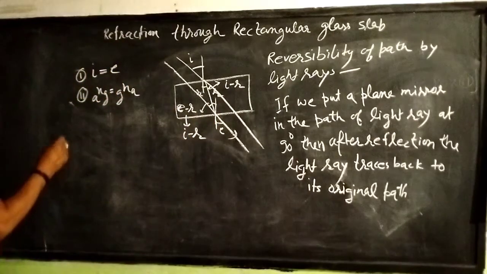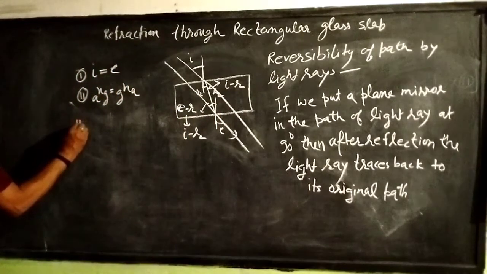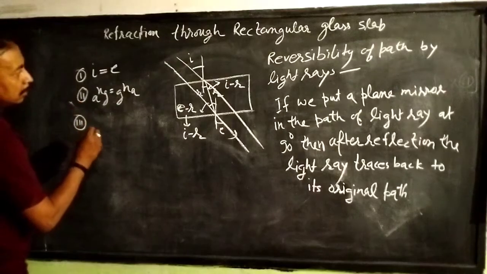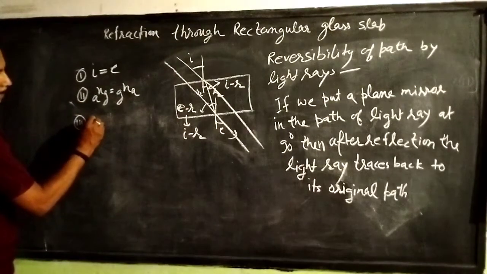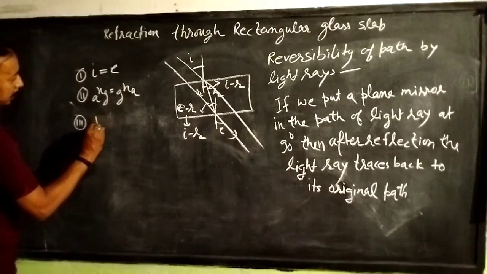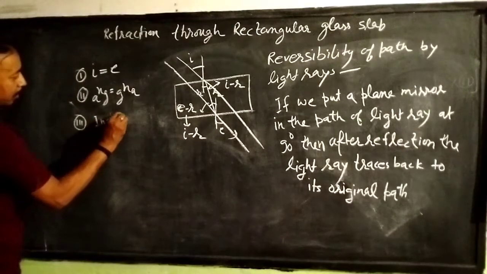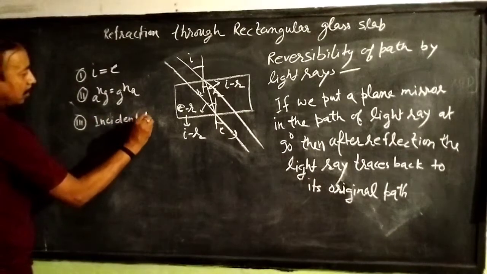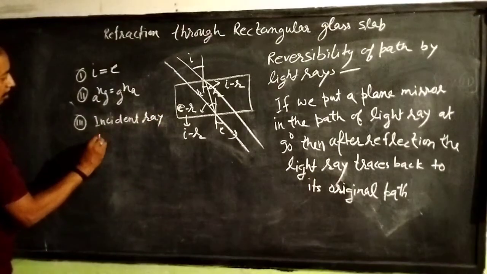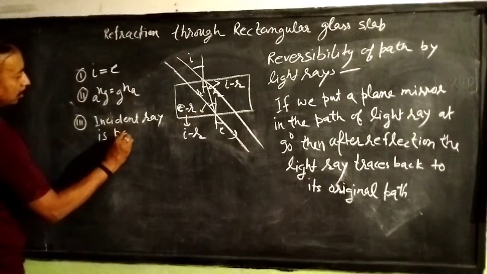So hence we can say that for a rectangular glass slab, the incident ray is parallel to the emergent ray.